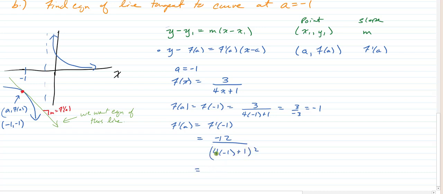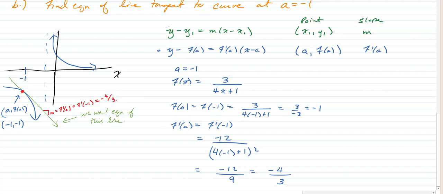And when I go to compute that, that would be -12 all over, so that's -4 plus 1 is a -3 squared is +9. And that reduces down to, we can divide a 3 out of both of those, so that reduces down to -4/3. So the slope of this green line we just found to be, so this is our f prime of -1, and we just found that to be -4/3.